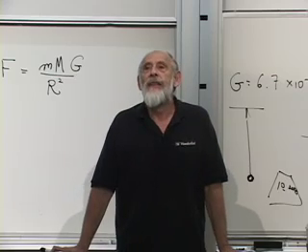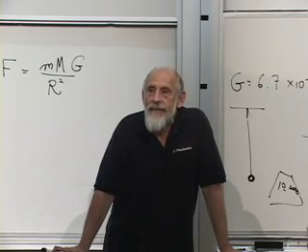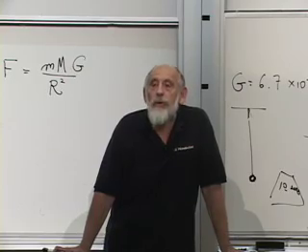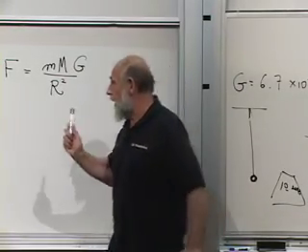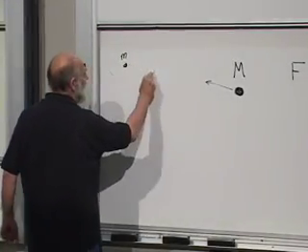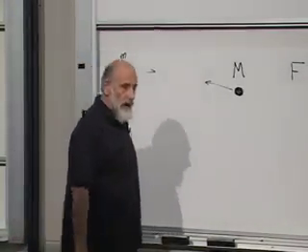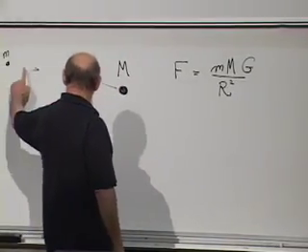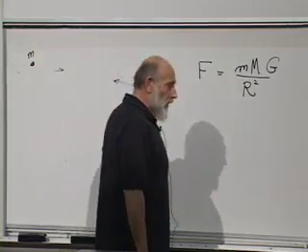Yeah? So that force is measuring the force from the large one to the small one, or both? Both. They're equal and opposite. That's Newton's third law. The forces are equal and opposite. So the force on the large one due to the small one is the same as the force of the small one on the large one.